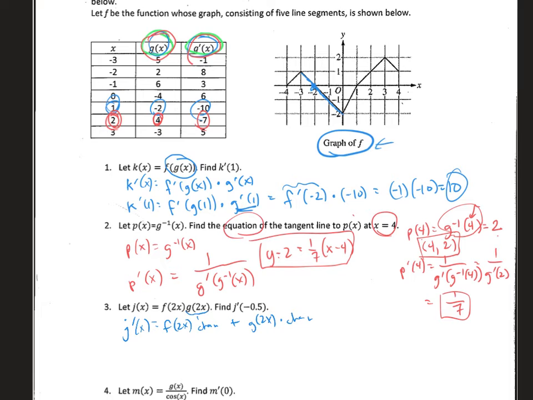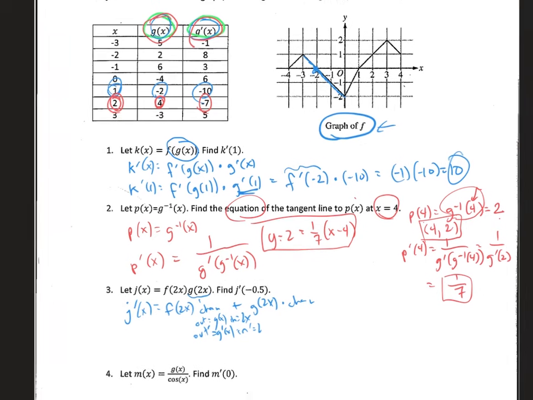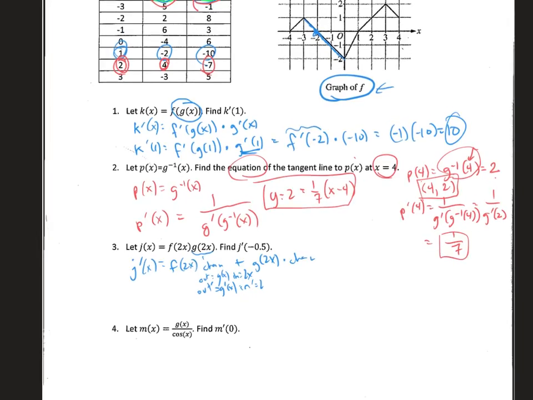So for this one, the outside would be g of x, and the inside would be 2x. So the derivative is g prime, and the derivative of 2x is 2. So when I take this derivative, let me move this up a little bit so it's easier to see.